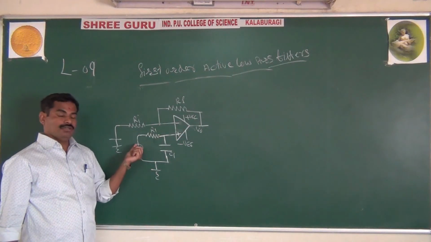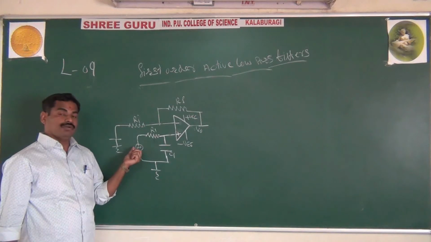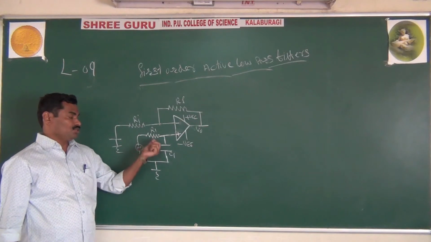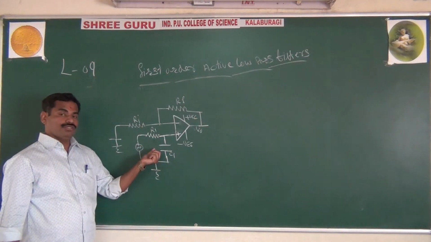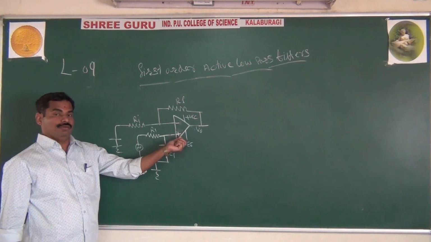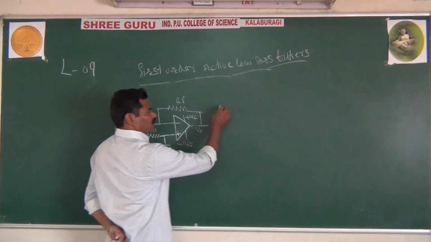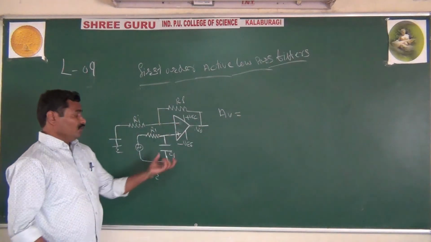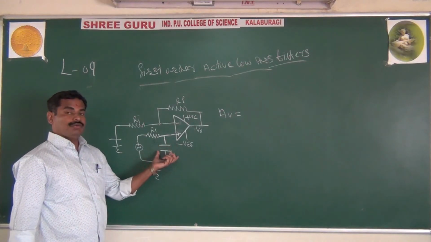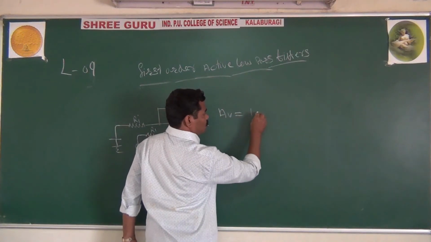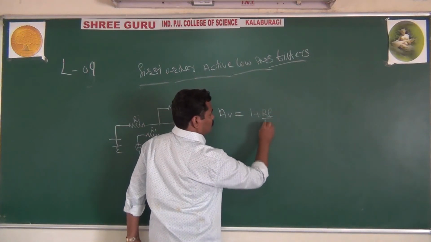You apply different frequencies and different input voltages, but only the allowed low frequencies act as input for the non-inverting amplifier. As we know, for the non-inverting amplifier the voltage gain is 1 plus RF by RI.